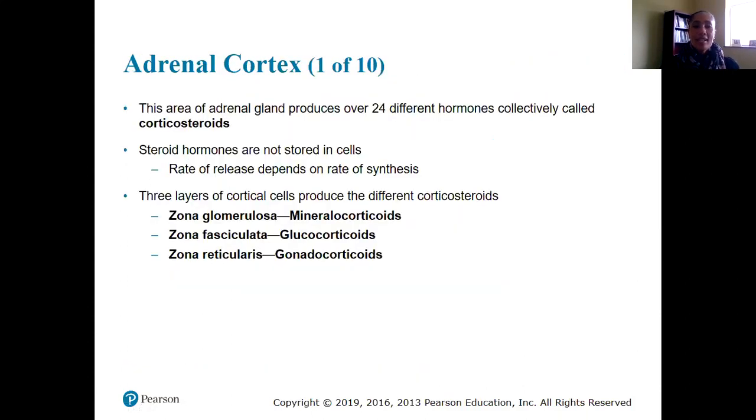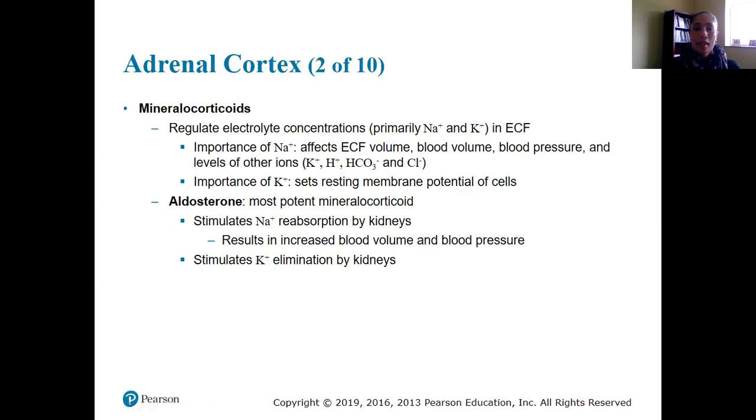For each one of these layers, I'm not going to ask you specifically from this particular section what hormones are released from them, but I do want you to know these 3 layers and then the category of corticosteroids that are released from them.